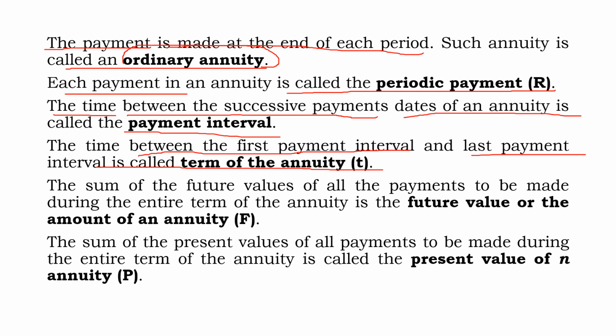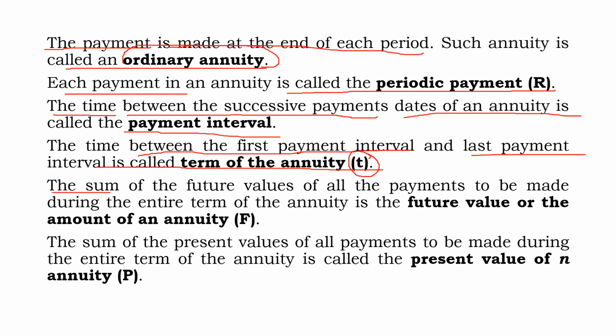From the first payment interval up to the last payment interval, the time duration or the time frame between those payment intervals is the term of the annuity, which can be represented using your small letter t here.